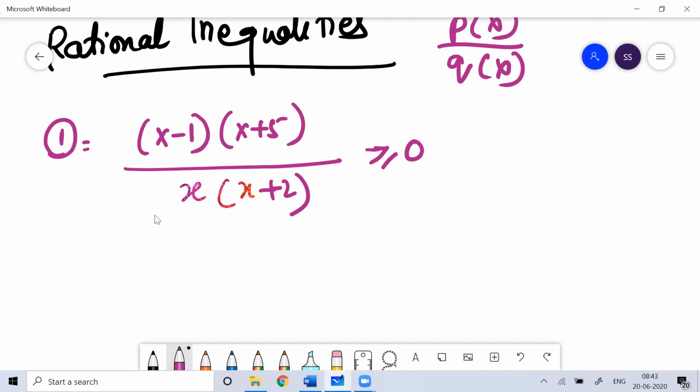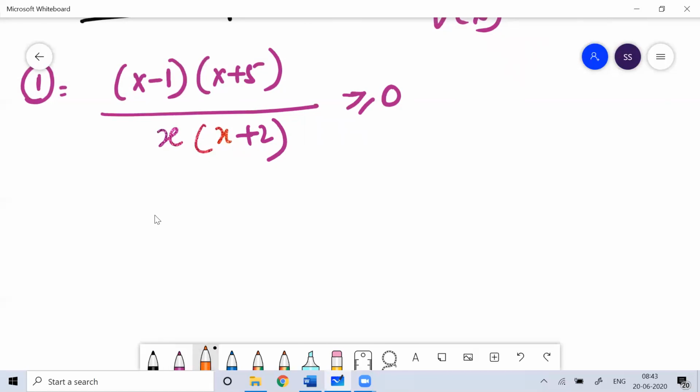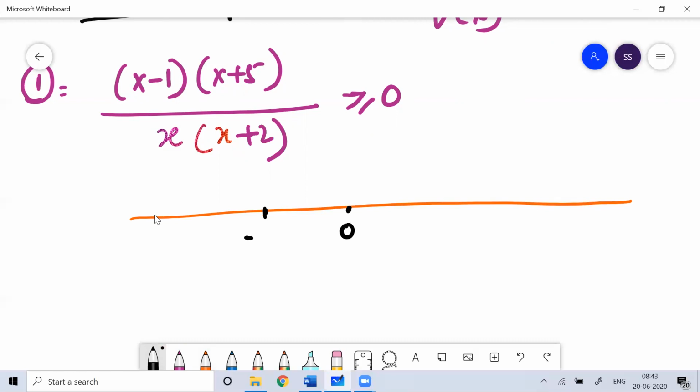Very easy. Draw the number line. For drawing the number line, first identify the critical points. Your critical points would be 0, minus 2, plus 1, and minus 5.